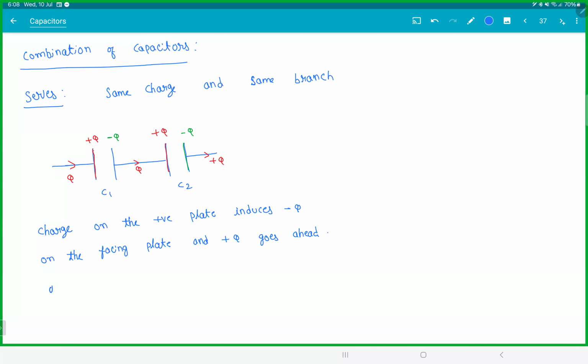So it feels as if the same charge is flowing through the capacitors. So be careful here. Charge will never jump across the plates.